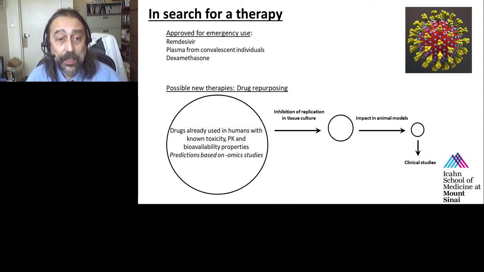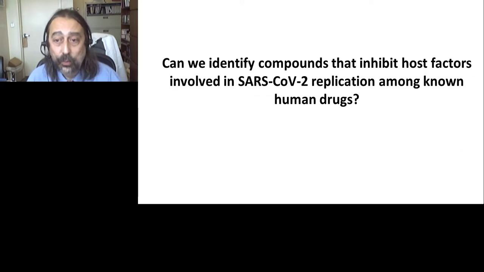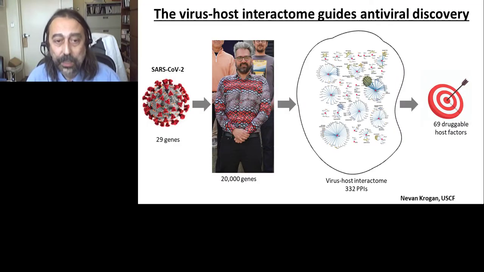So the question here is, can we identify compounds that inhibit host factors involved in SARS coronavirus 2 replication among human drugs? So first, how do we identify these host factors involved in SARS coronavirus 2 replication? Again, we're using an omics approach, and this is one of the ways we do it. This is a collaboration with Nevan Krogan, who is depicted in this picture.